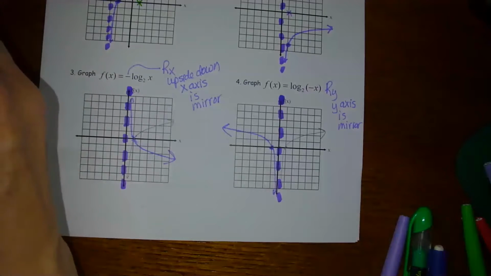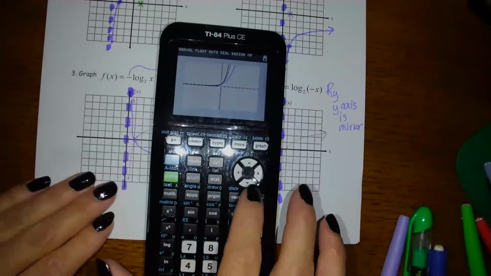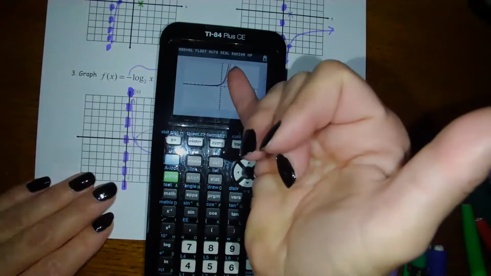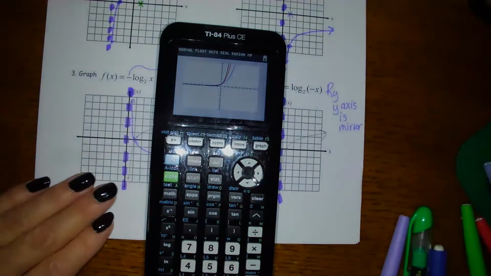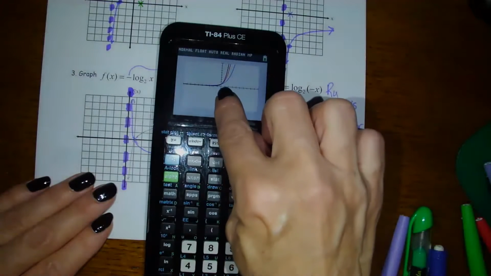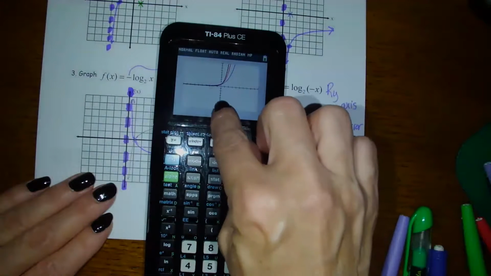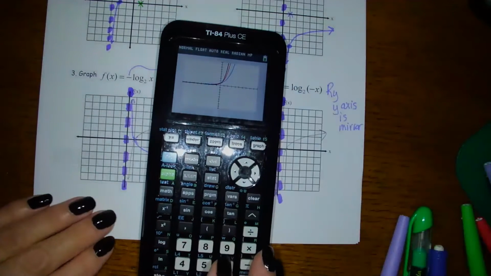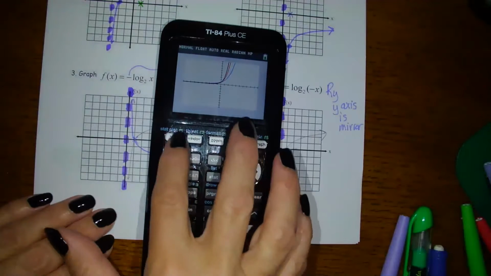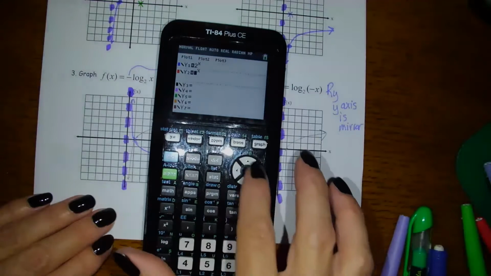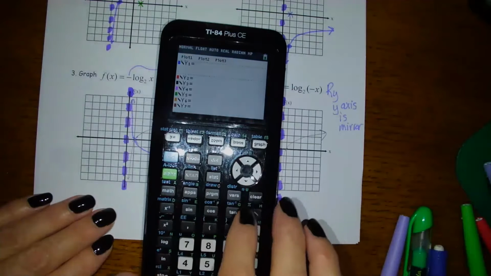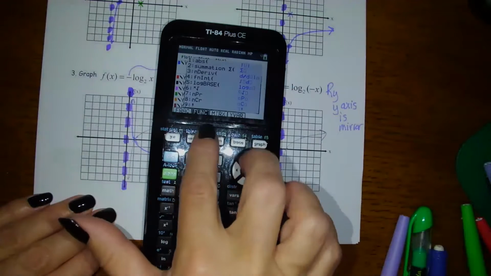Now, if the exponentials are getting steeper towards the y-axis, what are the logs going to do? Are they going to get steeper and bigger, or are they going to get closer to the x-axis as it gets bigger? Let's look. So I'll clear these. And we'll do alpha window.